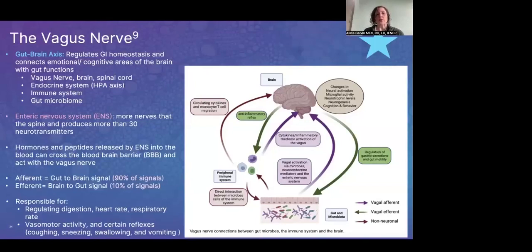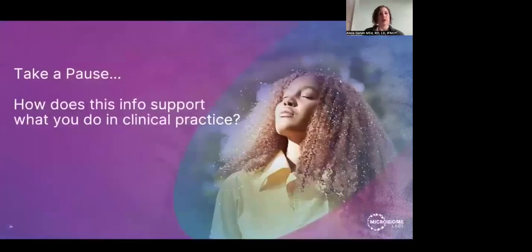And if we look at the communication direction, most of the communication signals between the gut and the brain via the vagus nerve are actually going from gut to brain. It's about 90% of those signals versus going from brain to gut, which is about 10% of those signals. And it is responsible for many different functions like respiratory rate, heart rate, digestion, that type of thing. So again, you're going to hear more about this in later conversations, but I wanted to introduce it here.